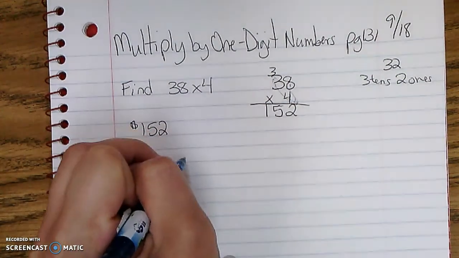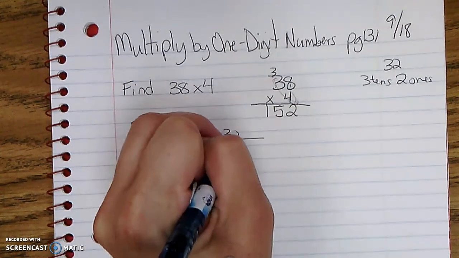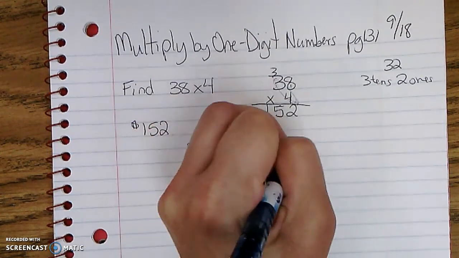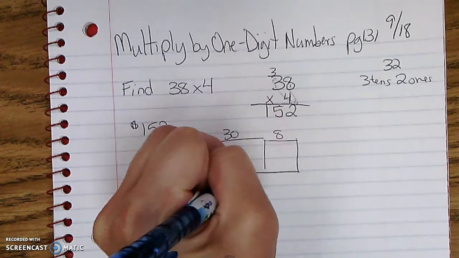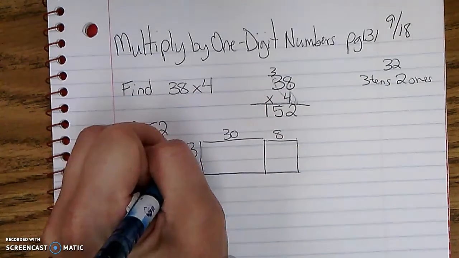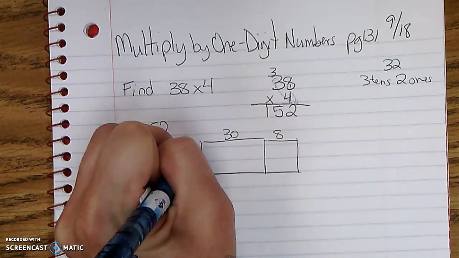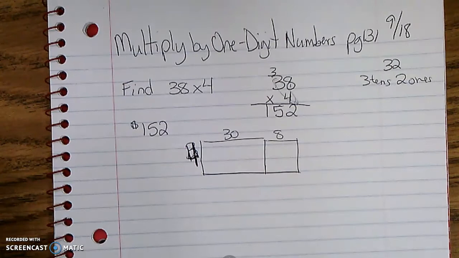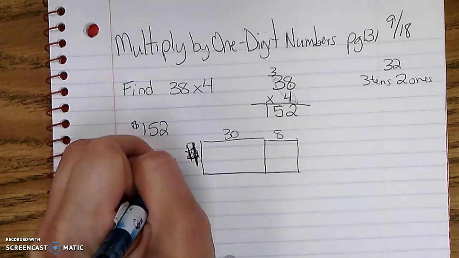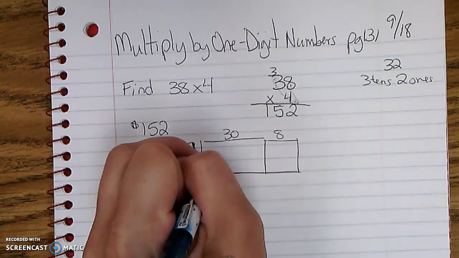I can check this right now with the area model. If I draw an area model, this would be a 30. This would be an 8. And I'm sorry, it's times 4, forgive me. So 30 times 4 is 120.